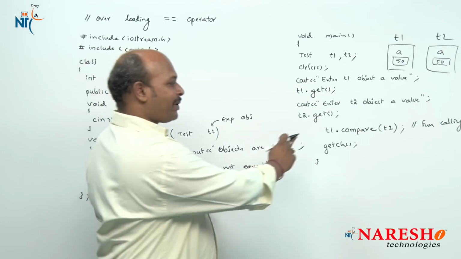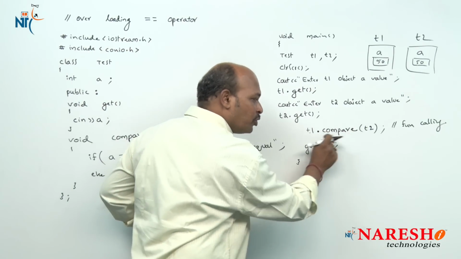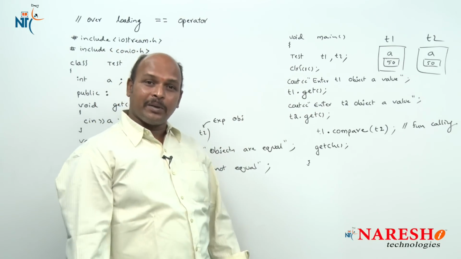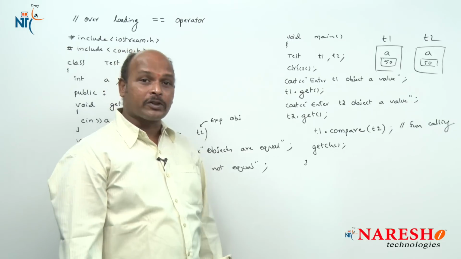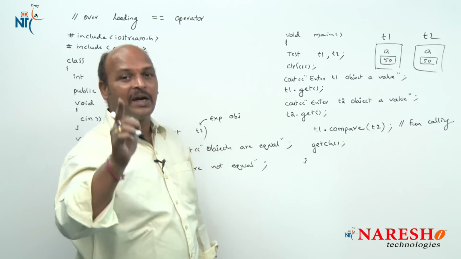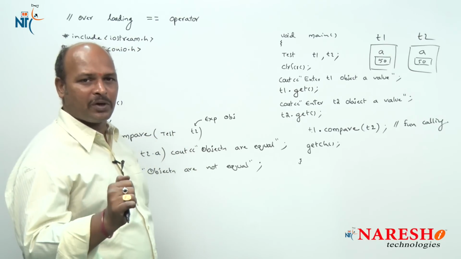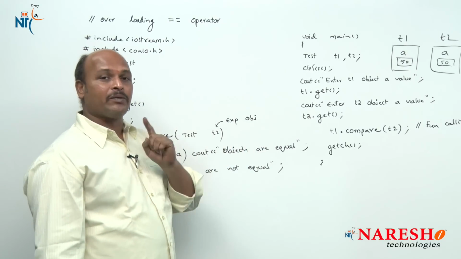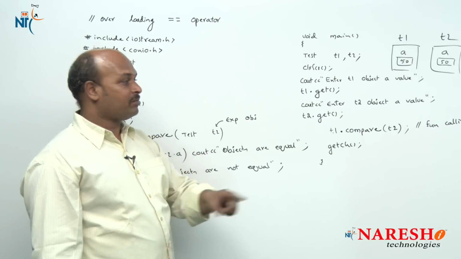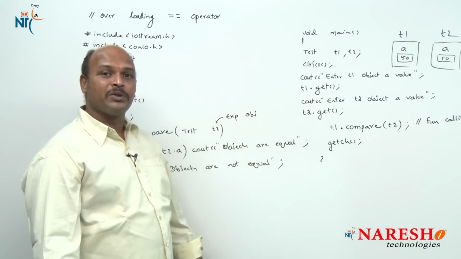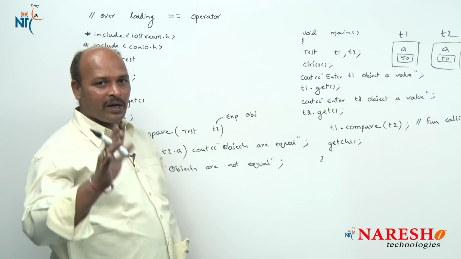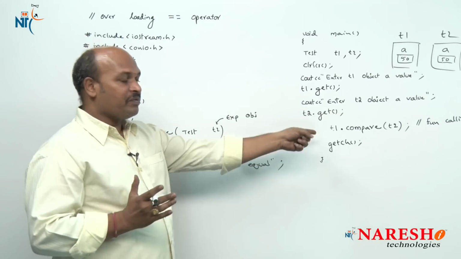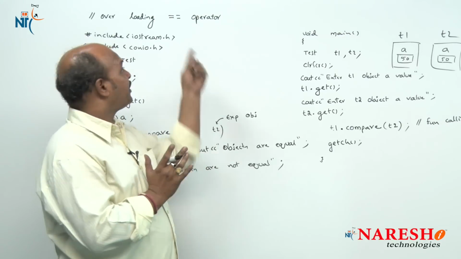In place of this one, I want to use the double equal operator, but double equal is a predefined operator and it works only on predefined data types. That is the most important thing. Here double equal is a binary operator and works only on predefined data types, but T1 and T2 are objects, which are user defined. That is why it is not going to work.